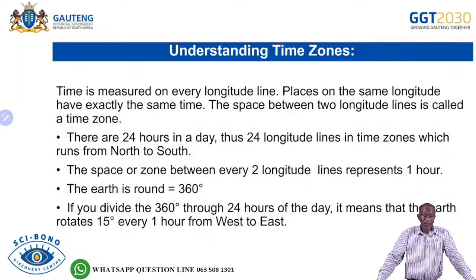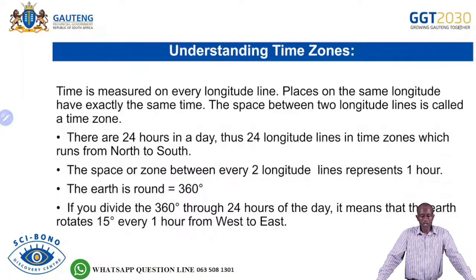I will explain to you as we go on what a longitude line is. Places on the same longitude have exactly the same time. So the countries or areas of the world located along the same line of longitude have exactly the same time.